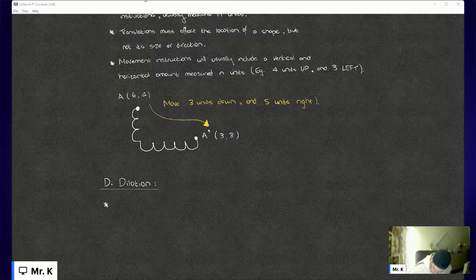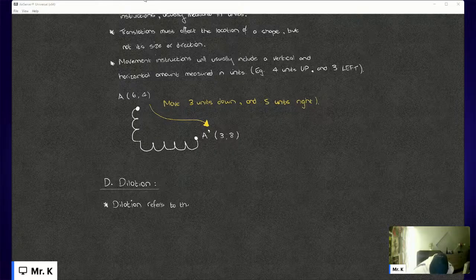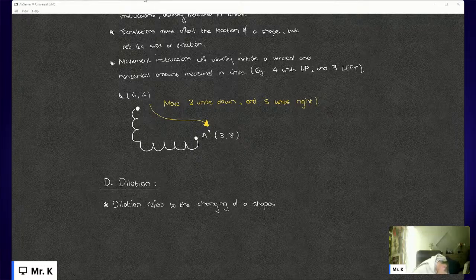Okay, so let's quickly write one or two notes and then I'll talk you guys through what we've written down. It refers to the changing of a shape's size by a scaling factor.